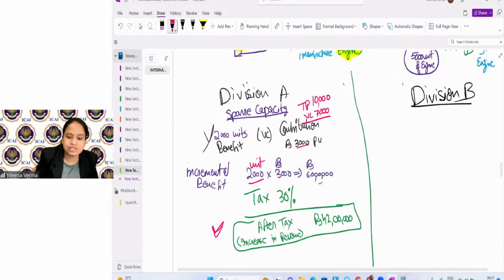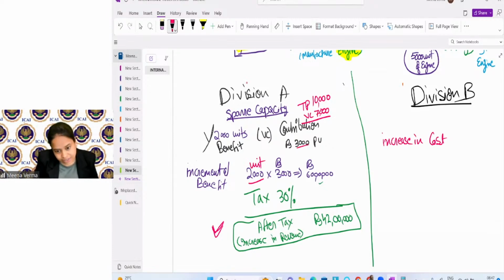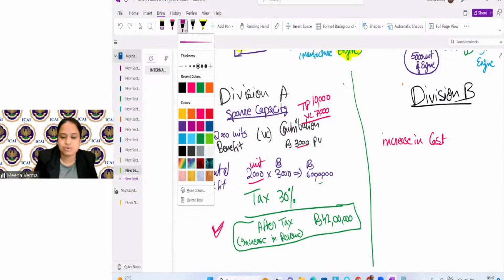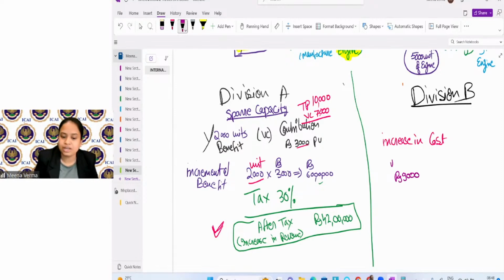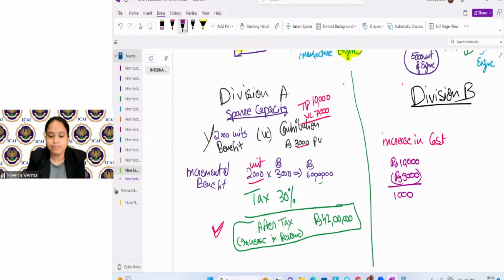Because of the internal transfer, there is an increase in cost. How much cost is increasing? In Italy, they can buy it for rupees 9,000, but they are buying it from India at rupees 10,000. So they end up paying more money. How much? 1,000 per unit.